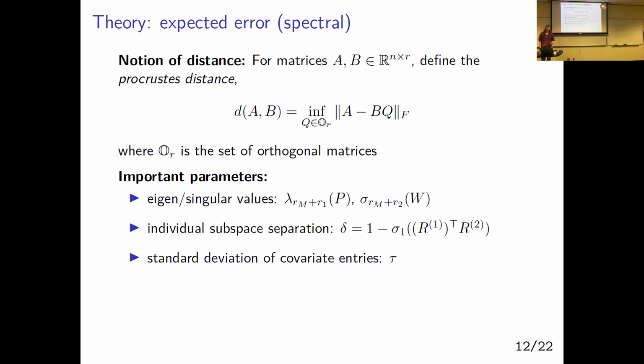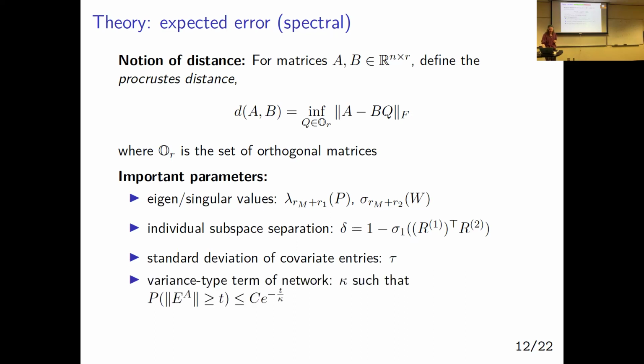And then you've got some variance type terms, right? So you've got the standard deviation for the covariates. For us, each entry in the covariate matrix is going to have some standard deviation. For us, it's going to be IID, but loosely speaking, variance is going to affect that.